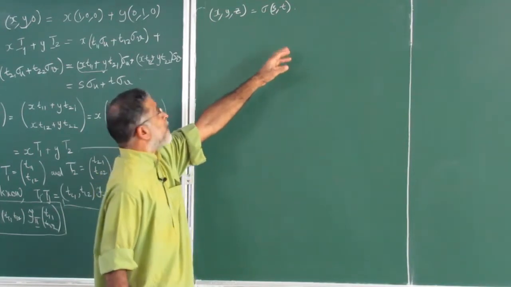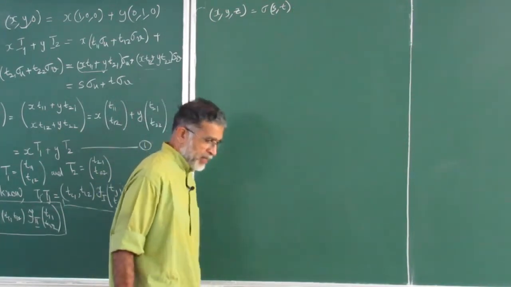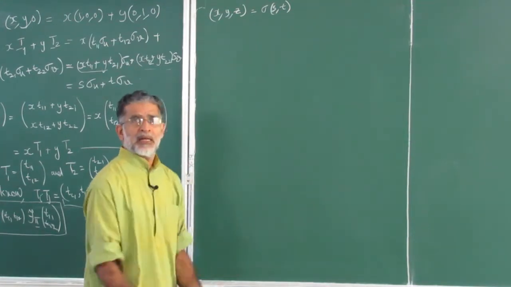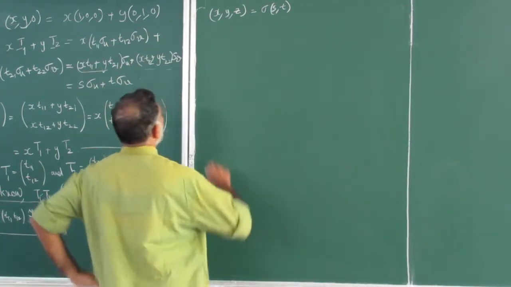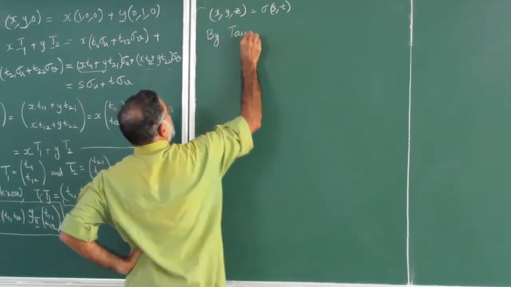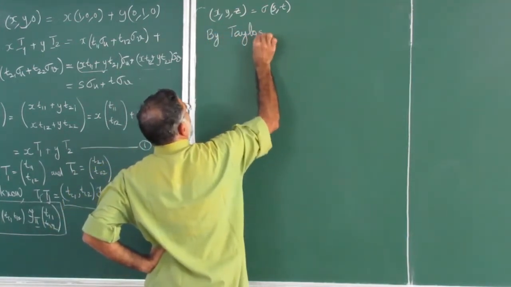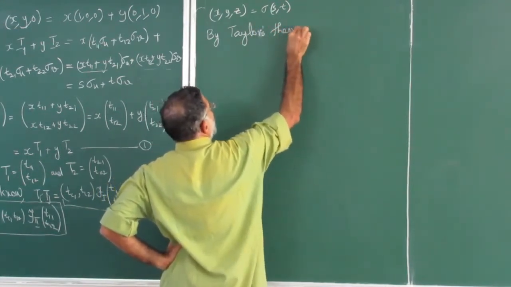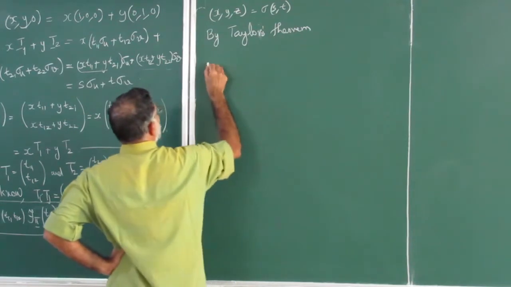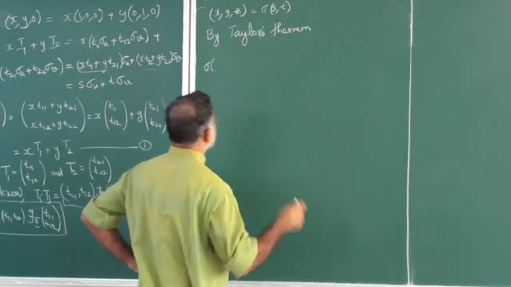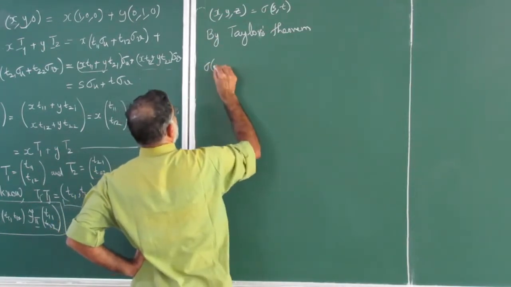So now we are going to apply Taylor's theorem, truncated at second degree. So by Taylor's theorem, what do you get? Of course, expanded at the origin, that's where your tangent plane lies.